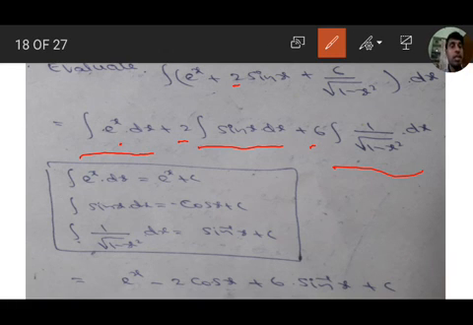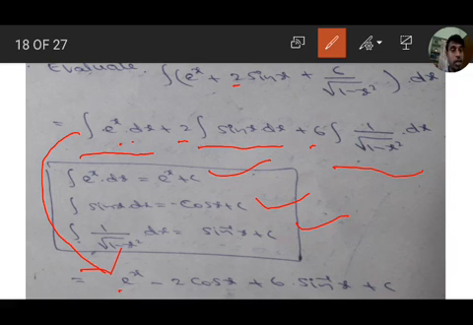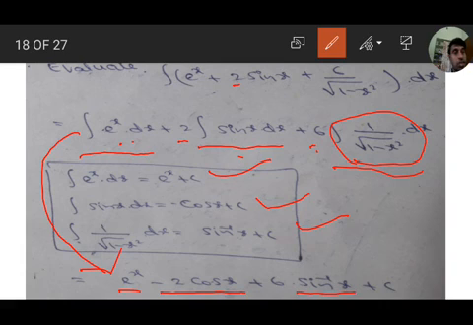E to the power of x integration, e to the power of x plus c, sin x integration minus cos x. Integration 1 by square root of 1 minus x square is sin inverse x plus c. So by using these formulas, we get e to the power of x, sin x integration minus cos x, therefore minus 2 into cos x, 6 into integration 1 by square root of 1 minus x square, sin inverse x plus c.